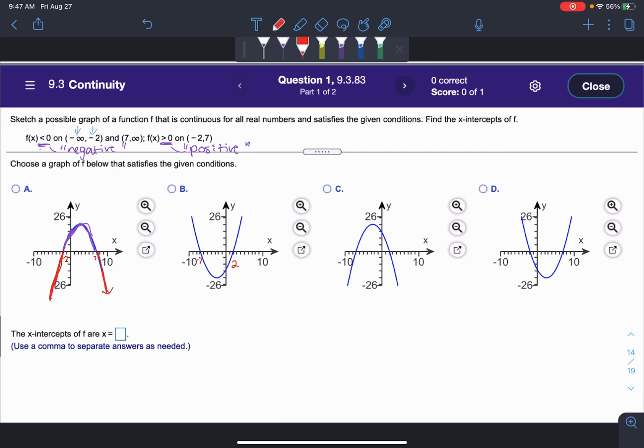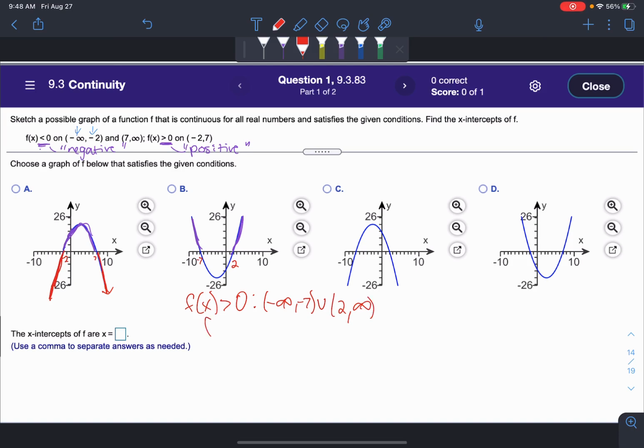So what it's saying is that f of x is positive on the intervals of negative infinity to negative 7, and or from 2 to infinity, right?